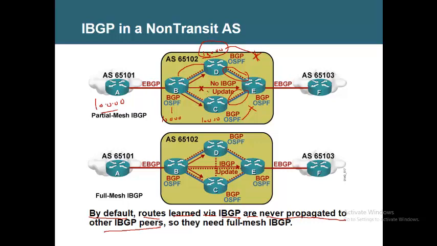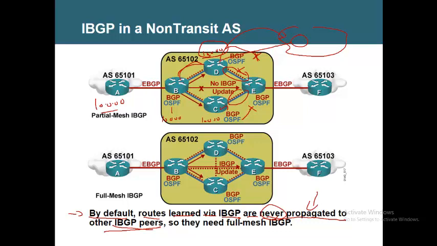Who is that IBGP peer for D? B router. Same way C also learned from an IBGP. And what does this rule say? Routes learned via IBGP are never propagated to another IBGP. If you have an EBGP, it will go. A route learned from an IBGP will go to EBGP, but it will not go to IBGP.